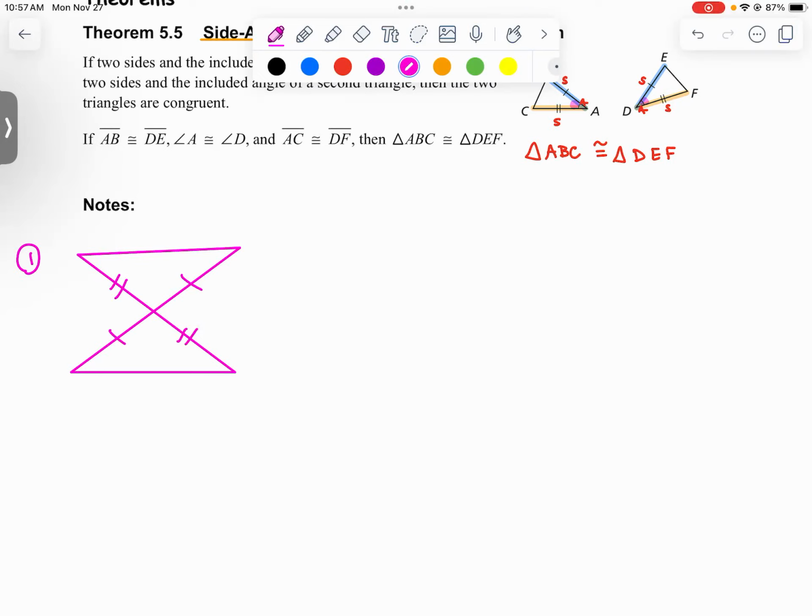Draw that picture. Do we have triangles that are congruent? Brayden, why?